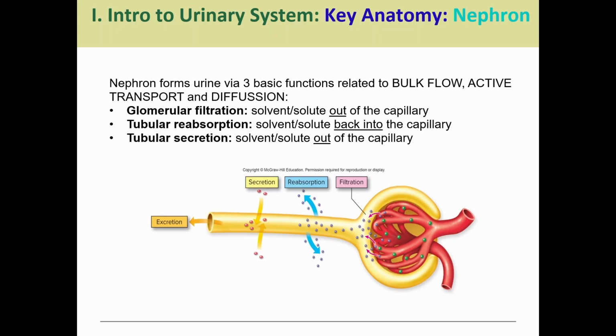Glomerular filtration is where we are taking solutes and solvents out of the capillary, so out of that glomerulus into the capsular space. Tubular reabsorption, we're taking solvents or solutes back into a capillary. And then tubular secretion is similar to filtration. Solvents or solutes are making their way out of a capillary.